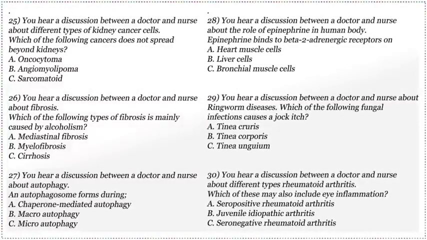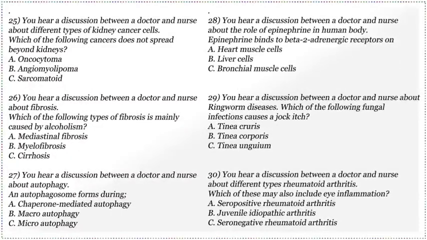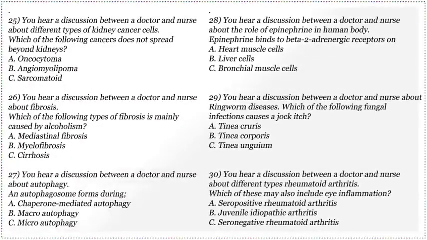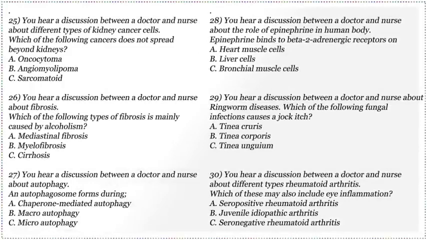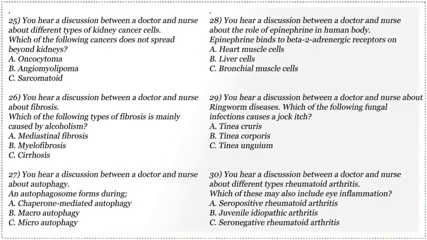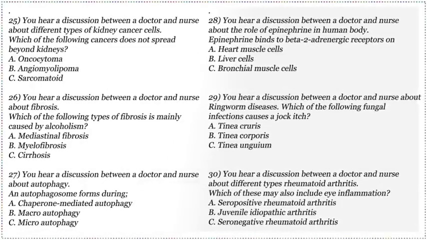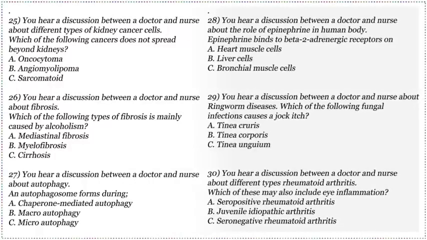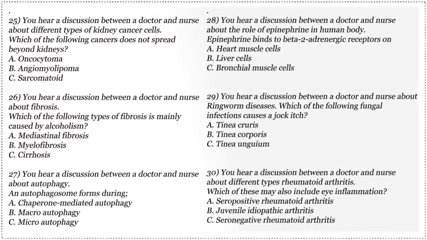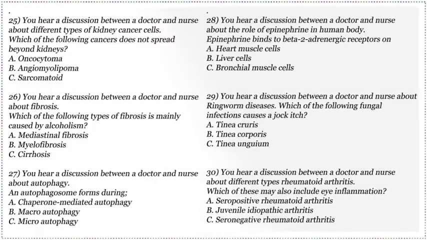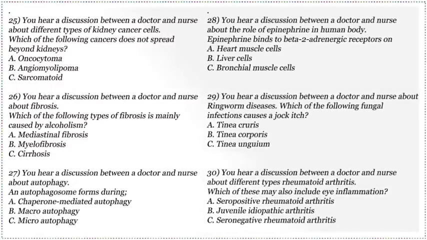Papillary cancer cells is seen in 10% to 15% of patients and has further subtypes called type 1 and type 2. Sarcomatoid cells grow most aggressively of all types of kidney cancer cells. It may be found with clear cell or papillary type.